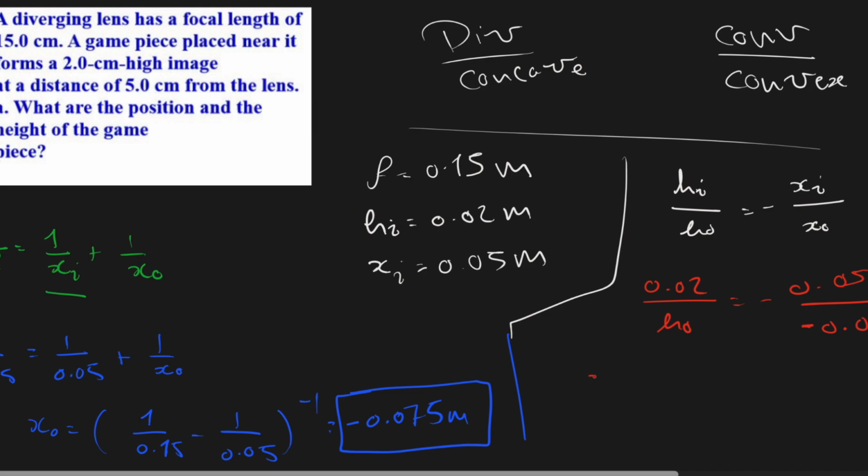And the answer is going to be 0.03 meters. So what do we learn from this kind of idea and this kind of answer, right? Basically if we look at the height of the object and we compare it to the height of the image, we will see that it was kind of reduced.